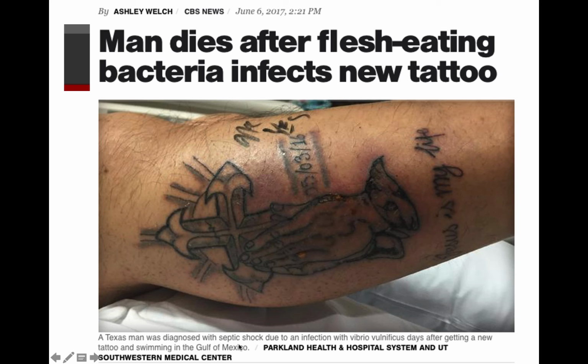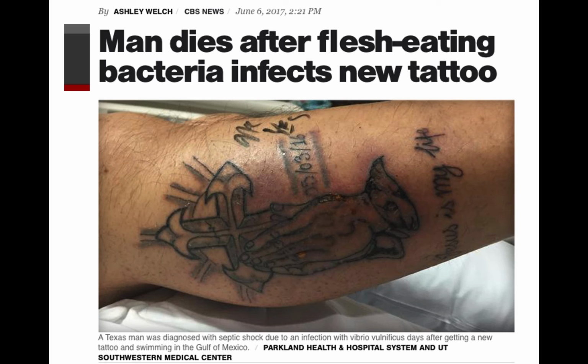And then he got in the water off Galveston Island, which is in the Gulf of Mexico, outside of Houston, and he got Vibrio vulnificus infection and died of septic shock. And so you can see the redness and the swelling in the tattoo.